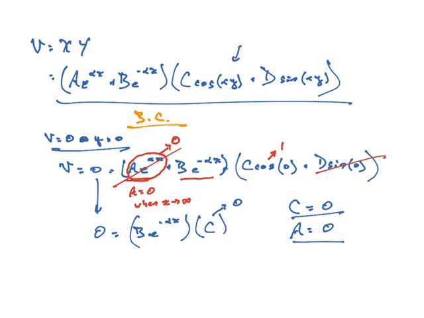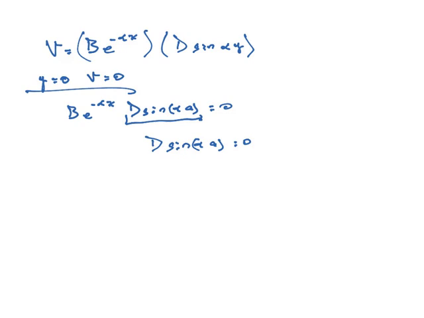We had two terms in our answer that depended on y, and we just lost one of them because c is equal to zero. So the only y dependence we have left is the d term. If I set d equal to zero, then the whole y dependence goes to zero. And same for the b. I can't set b equal to zero because then the whole x dependence goes away.